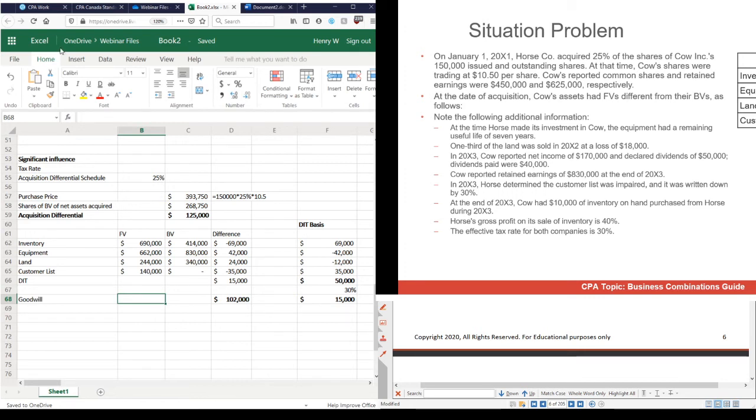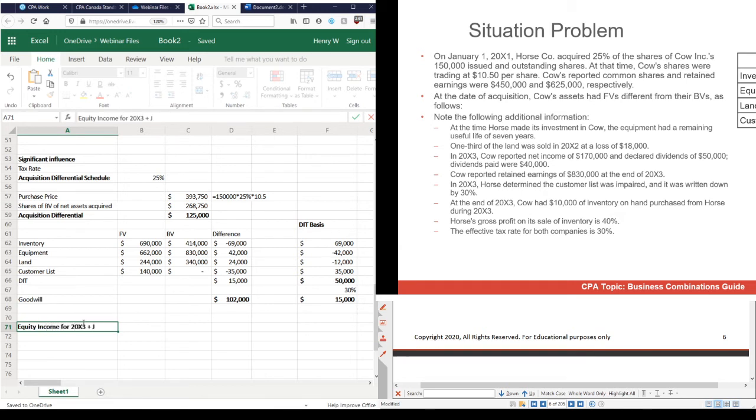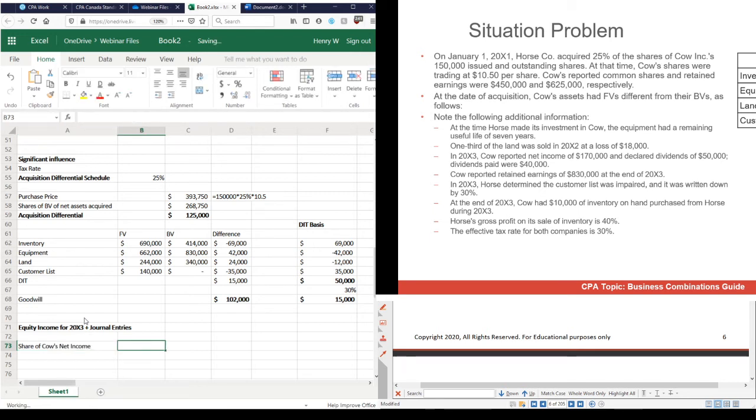Now we're going to work on the equity income for 20X3 plus journal entries. Share of Cow's net income, which is 25%. How much they earned in 20X3 is 170,000.